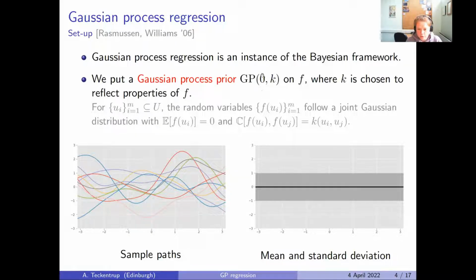The mean function that you've specified gives you the mean of f of u_i at the point, which here we've chosen to be 0. And then the covariance kernel is what gives you the covariance of f at different points: the covariance of f at u_i and u_j is given by your covariance kernel k at u_i and u_j.